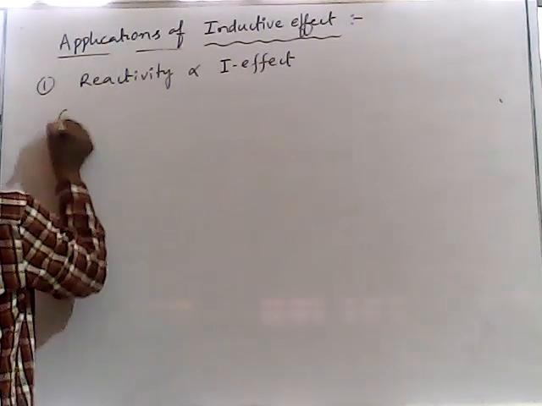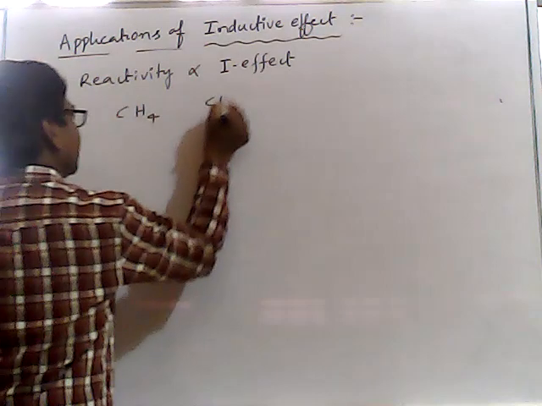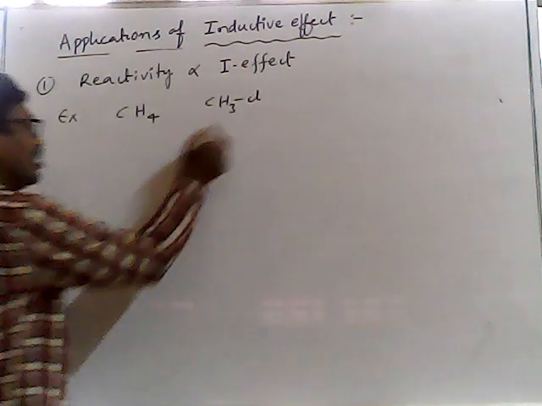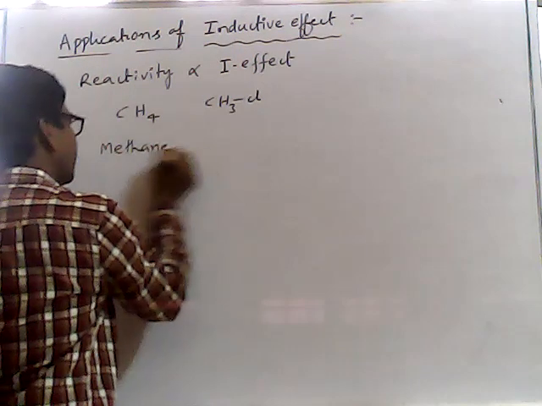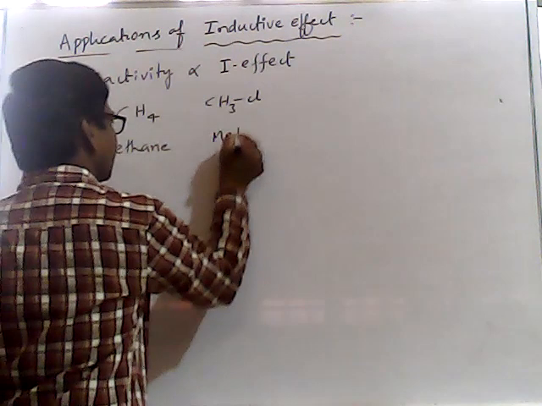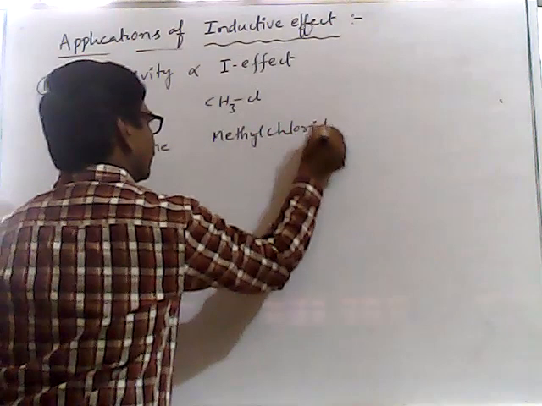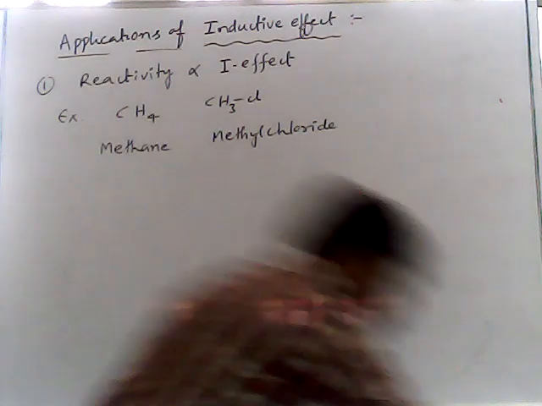See, for example, here I am taking CH4 and CH3Cl. CH3Cl is methyl chloride. This is methane, and this is methyl chloride. Methane and methyl chloride.